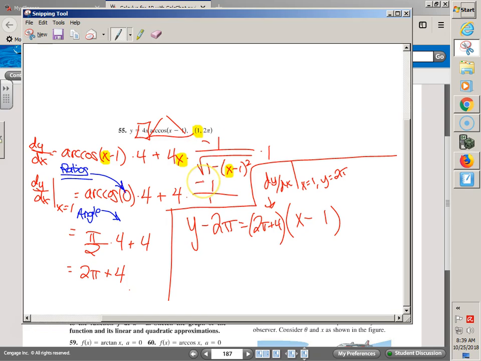Thanks, Ryan. That's totally going too fast. Yeah, I didn't put my negative for our cosine's derivative. Sorry, I didn't track for a second. Thanks, Ryan. Pi minus 4. But then if you need to get y by itself, get y by itself.